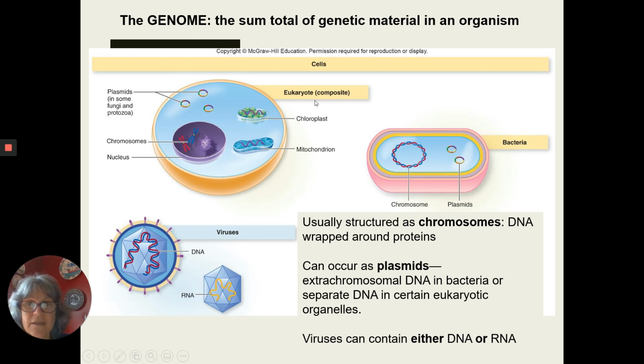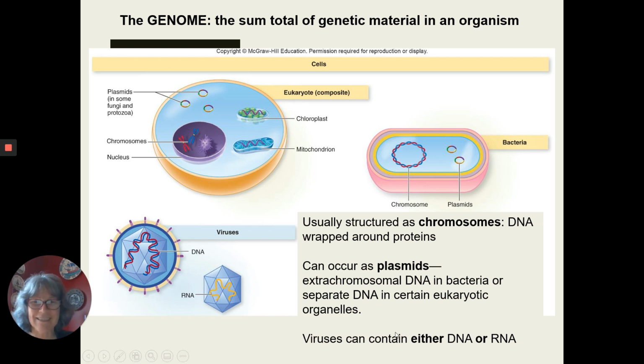These plasmids, our extra chromosomal piece, are just little segments, a gene or a few genes that contain information to build proteins that aren't necessary for the organism to function, but may offer some benefit. So our plasmids are extra chromosomal DNA. In eukaryotes and prokaryotes, our nucleic acid, our information for the genome, is contained as DNA, always.